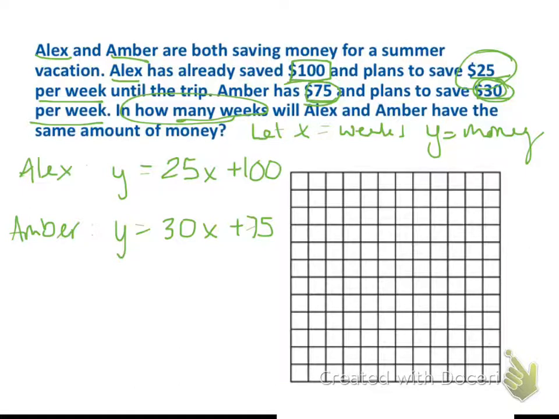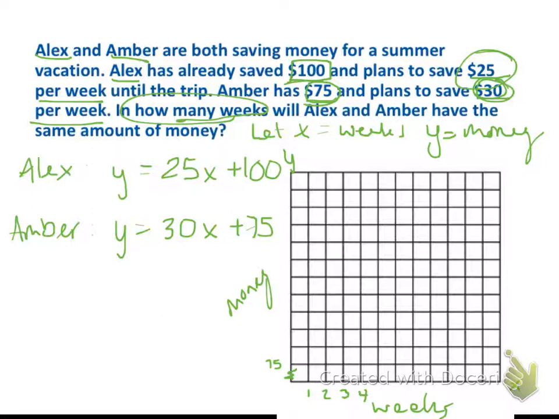So on my x-axis down here, I've got weeks. And I'm just going to go by ones. And on my y-axis up here, I've got money. And I think I'll do a little squiggle. And I think I'm going to start at 75. And let's go up by, let's see here.